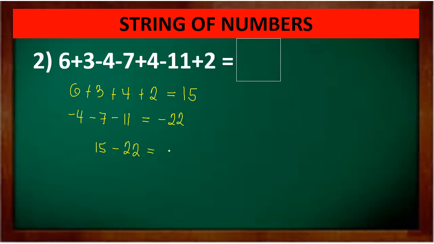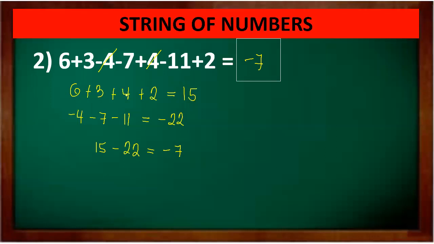Okay, so because unlike sign sila, that will give us an answer of negative 7. Okay, so therefore, this is negative 7. Okay, so pwede nyo din i-cancel out. For example, dito pwede nyo i-automatically cancel si negative 4 at saka si positive 4. Diba? Kasi pareho lang sila. This will magiging 0 yan, minus 4 and plus 4. Okay?